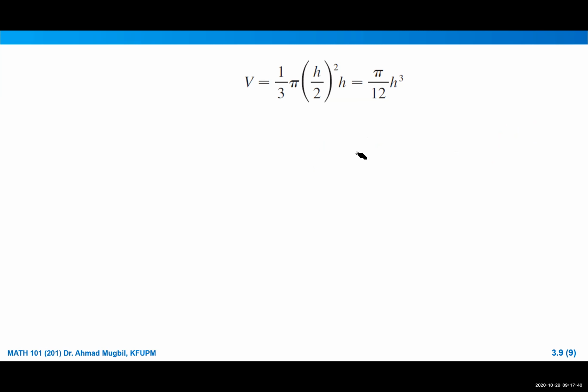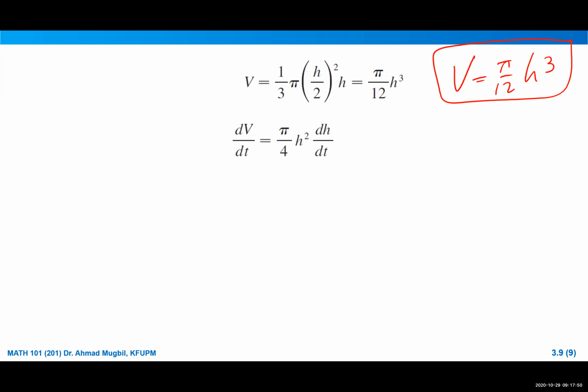Now I can differentiate. So this is my relationship, shabab. This is the main step in the problem. Now differentiate both sides. So here dV/dt, with respect to time, of course. This will be 3 over 12, 4 by h squared dh/dt.